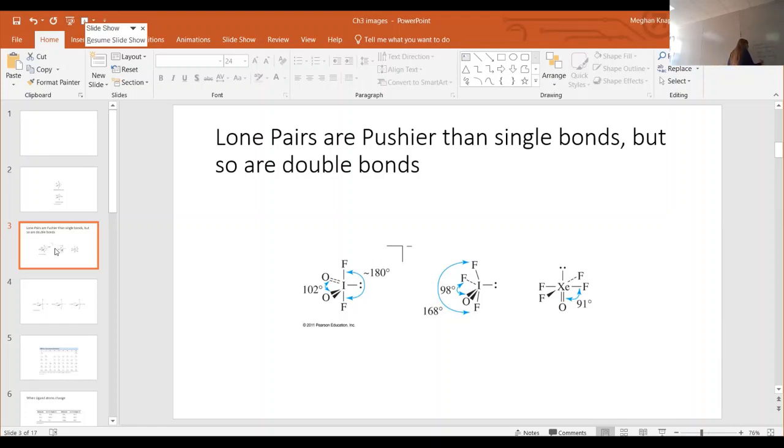We talk a little bit about relativistic effects. That's the really heavy elements having the electrons moving really fast, and so they actually weigh more. And then we have polarizability.